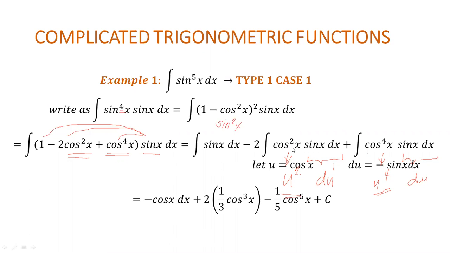For this one, if you use power rule, since this one is a negative, this becomes positive. So 2 cosine cube x, because you need to add 1 here, over 3. For this one, that would need again the negative. So that's negative in here. And you have cosine of x raised to 5 over 5 plus c.